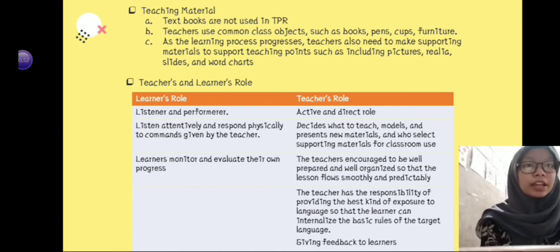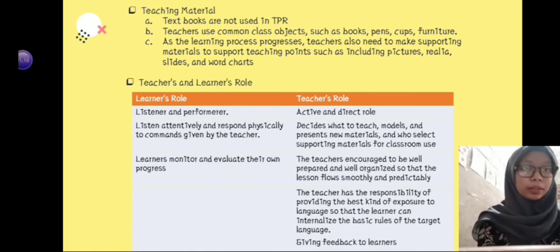Teacher's role: the teacher plays an active and direct role, decides what to teach, models and presents new materials, and selects materials for classroom use. The teacher is encouraged to be well prepared and well organized so that the lesson flows smoothly and predictably.